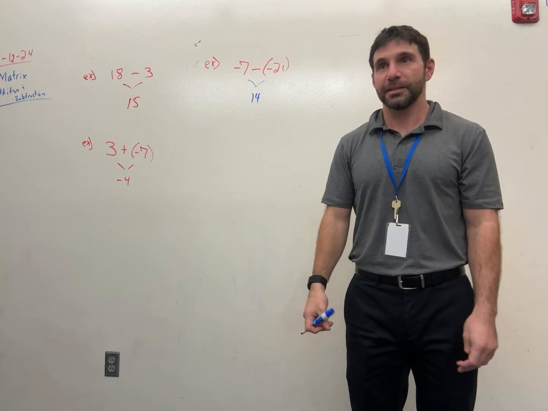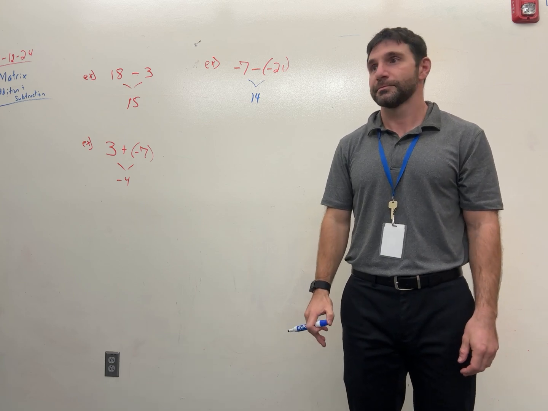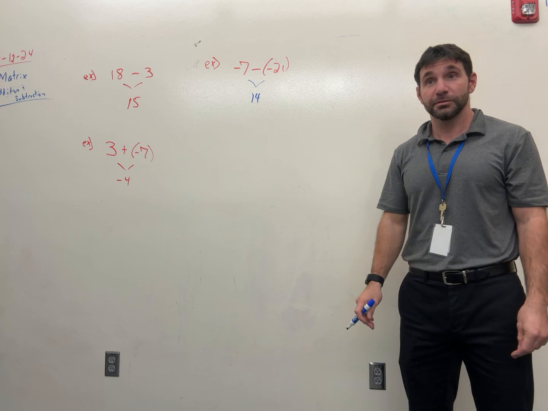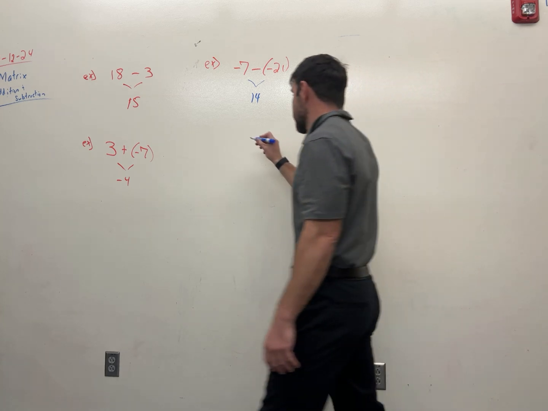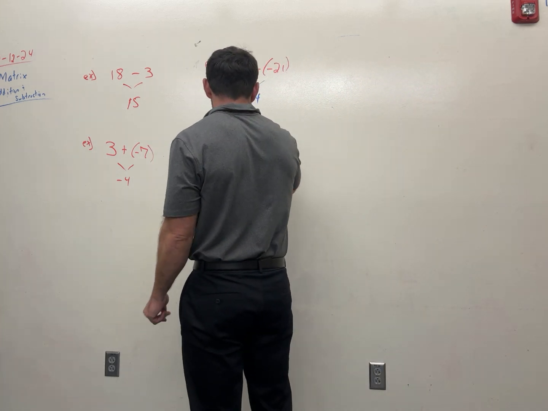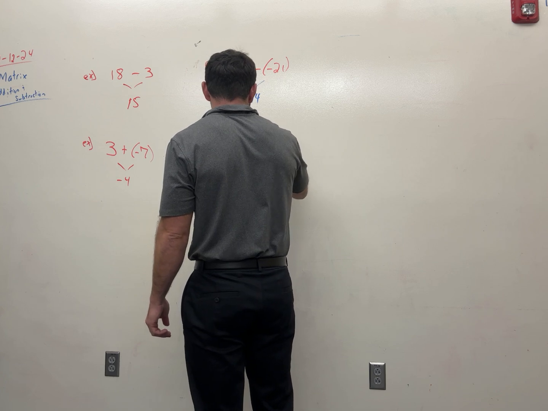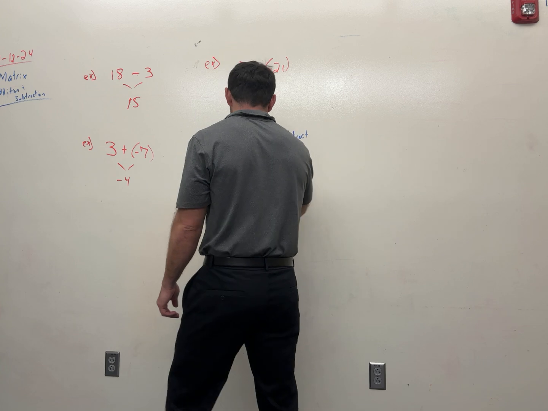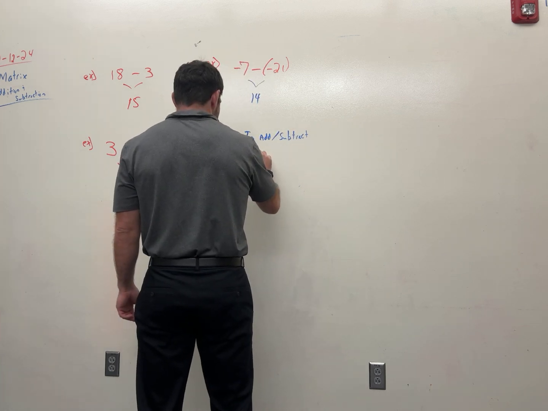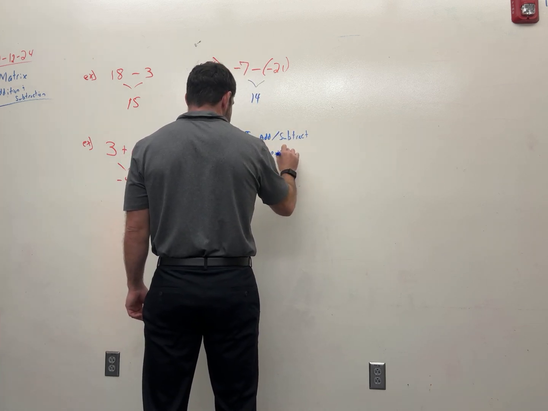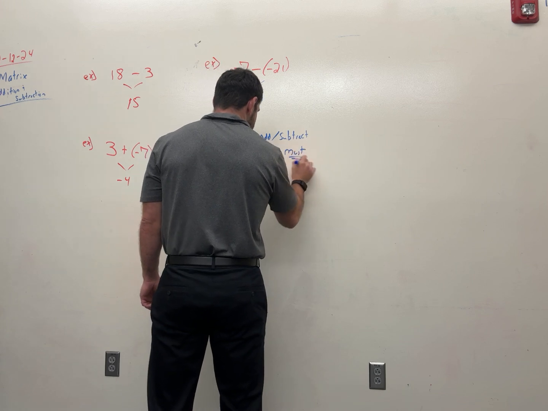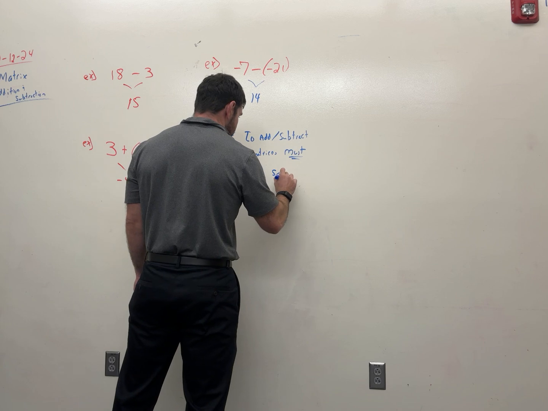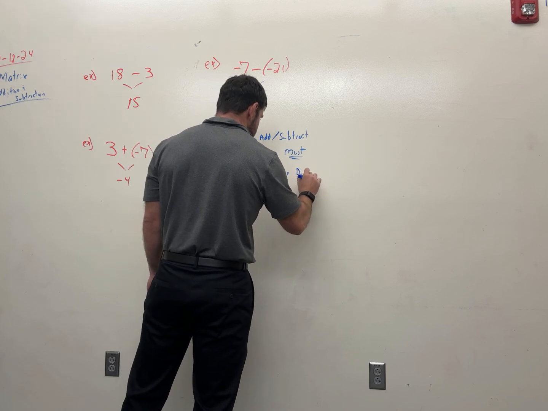You're now done with matrix addition and subtraction. Really, you are. Can you do addition and subtraction? Okay. So, first, to add or subtract, the matrices must be the same dimensions.